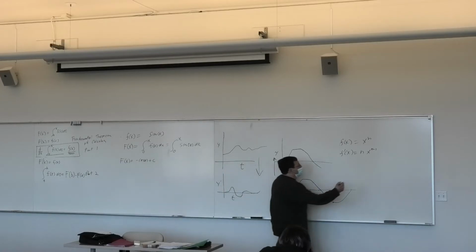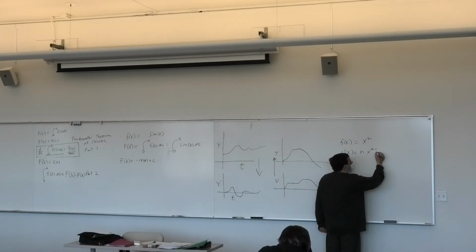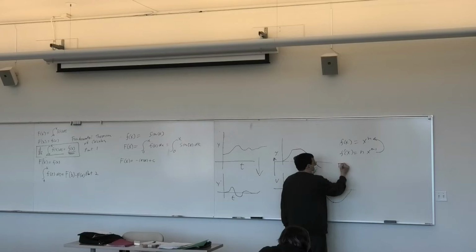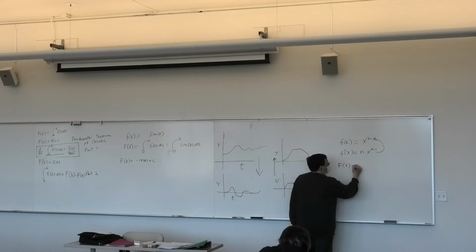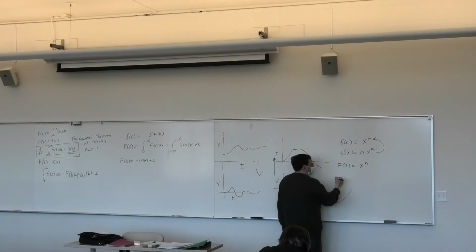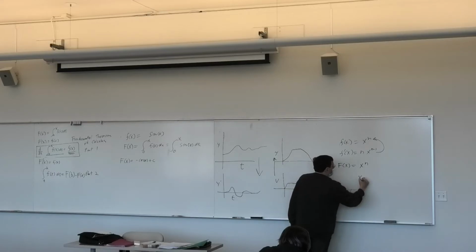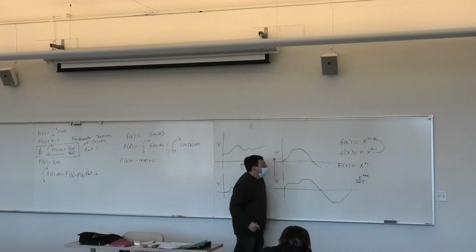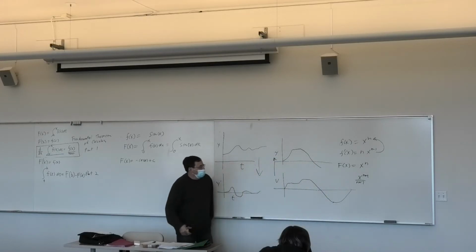If f of x is equal to x to the n, and we want to find the antiderivative, we're going to go to x to the n plus 1 over n plus 1. It's just a formula, a way of simplifying this.